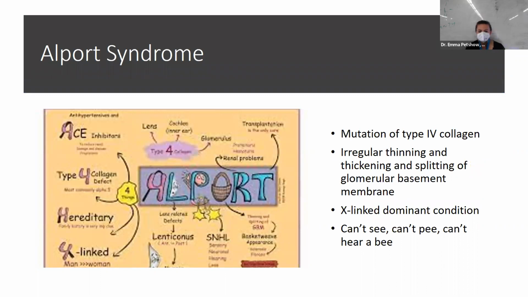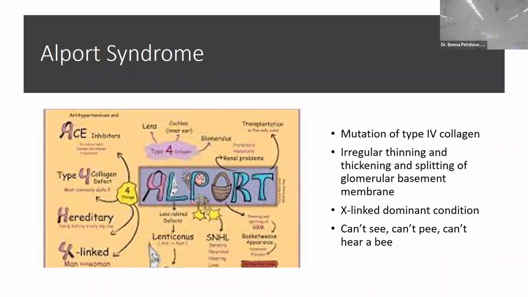Alport syndrome is also on there. This has a genetic component, so it's a little different than the other two. This is an underlying mutation of your type 4 collagen. You'll see irregular thinning, thickening, and splitting of the basement membrane. So that's how you're still getting those RBC casts. You're still having hematuria.